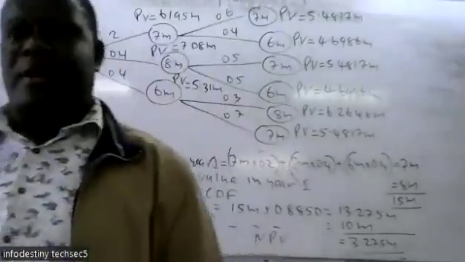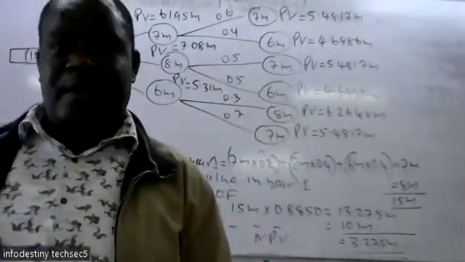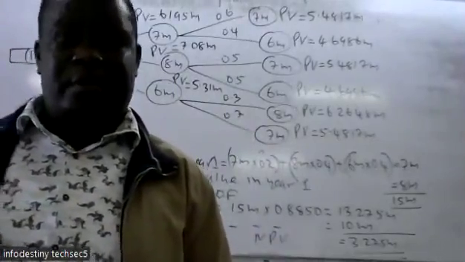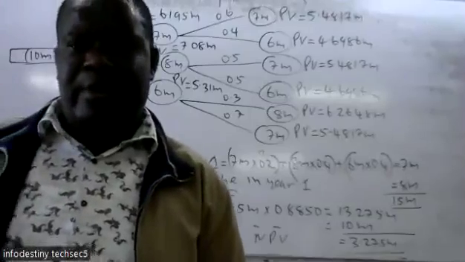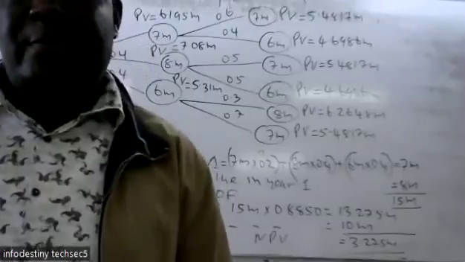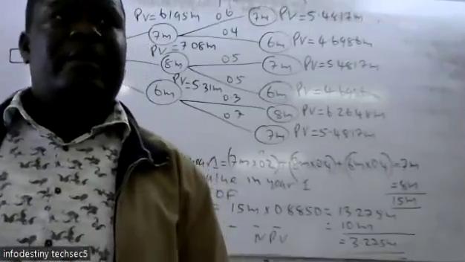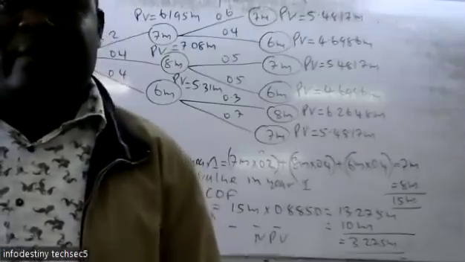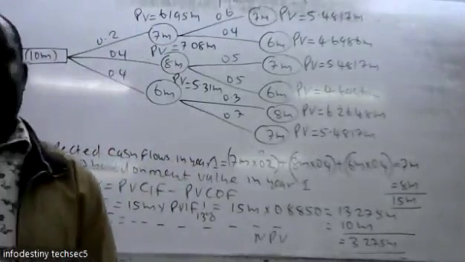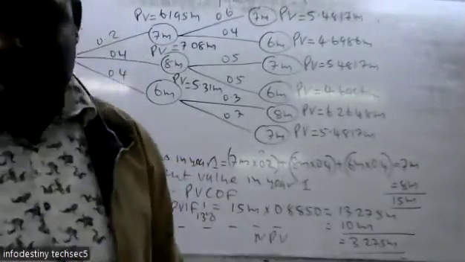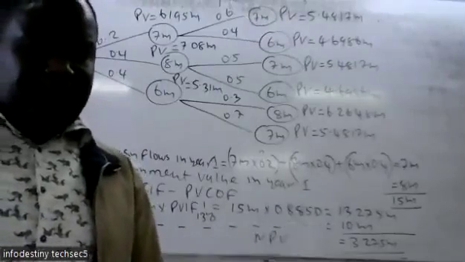So we can now make a conclusion: abandon the project because NPV with the abandonment is higher than NPV without the abandonment. So that's now the justification.